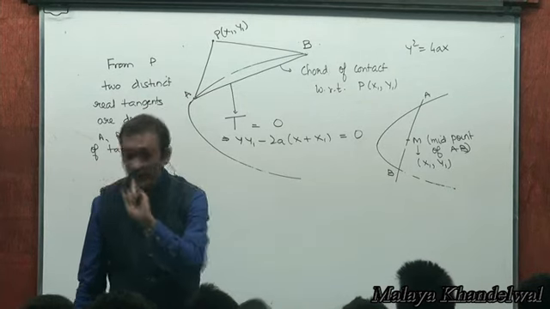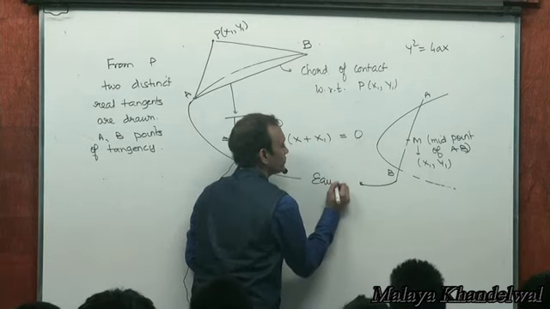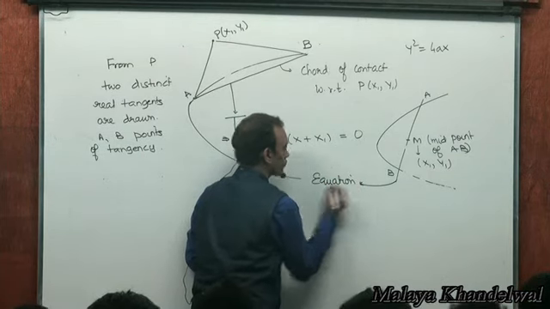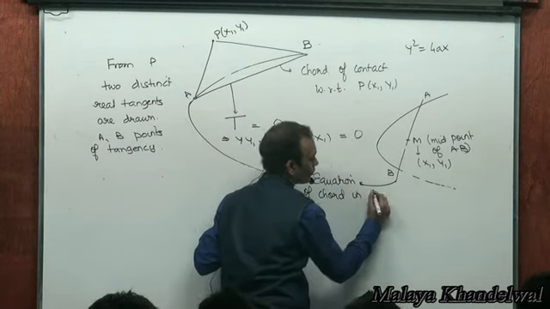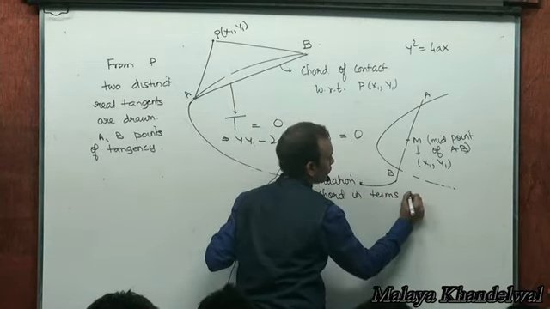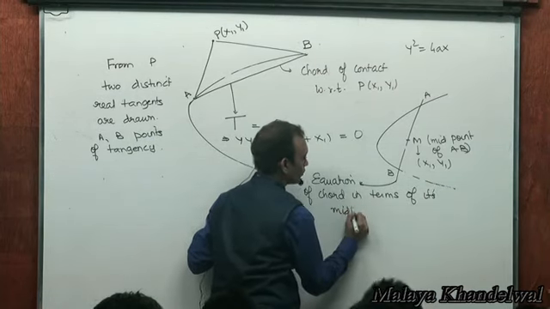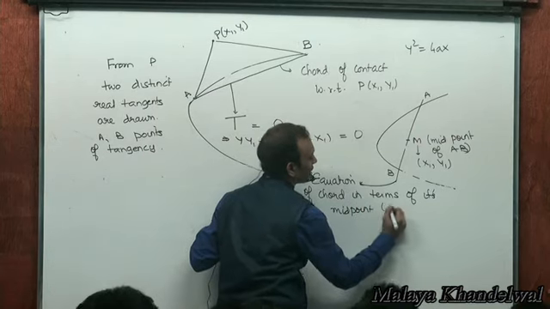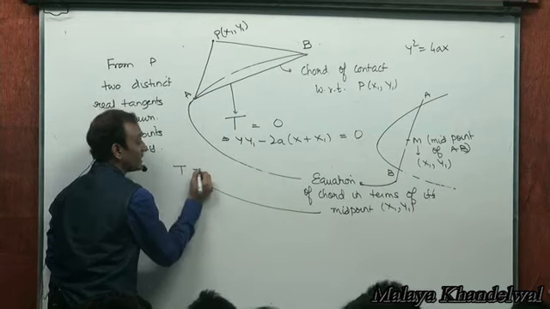So the equation of the chord in terms of its midpoint x1, y1 is going to be T equal to S1.